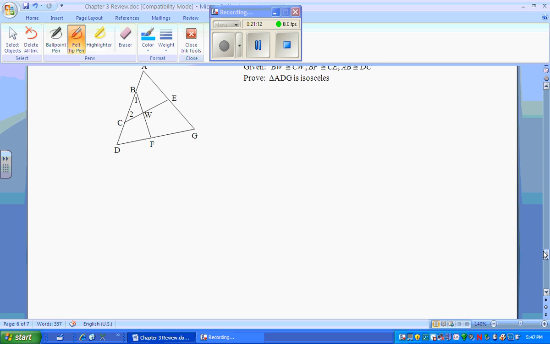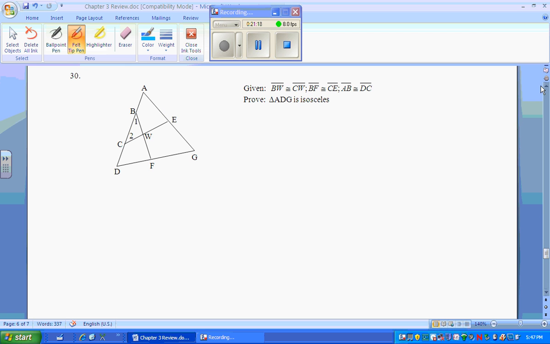And finally, number 30. BW is congruent to CW. And what do you notice about that triangle? Those two sides are congruent, which means the two base angles here end up being congruent to each other, because if sides, then angles. And then side BF here is congruent to this side here.